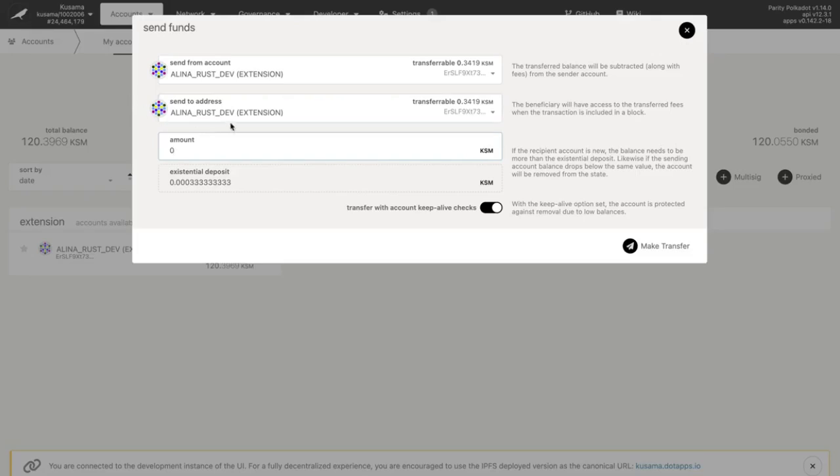So while transferring, you have the account you're transferring from, and you have the address you send it to. I'm not setting it now, but it can be someone from your address book, or you can put the address right here, inserted. Here we put the amount that should be transferred. And here we can see the existential deposit we talked about earlier. So here it is hiding.